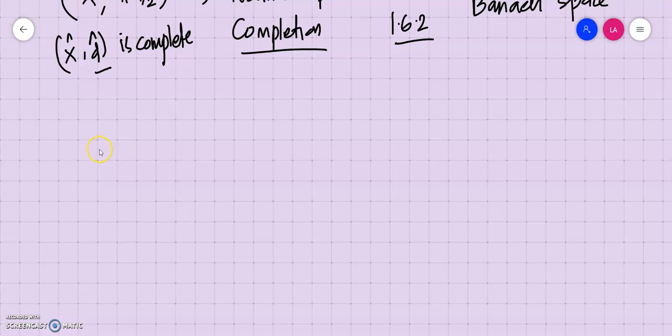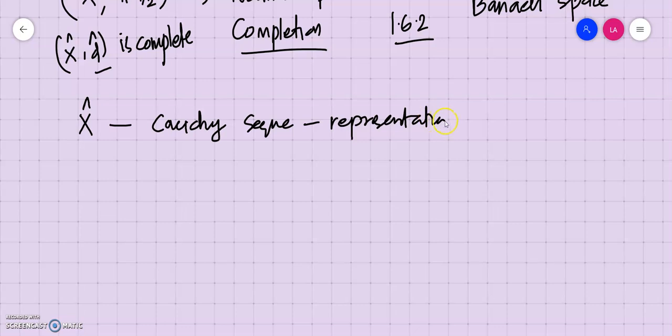To sum up the whole thing, what we have done is, we have constructed a space X cap which consists of Cauchy sequence representations, and a metric, and used theorem 1.6.2 associated with this.